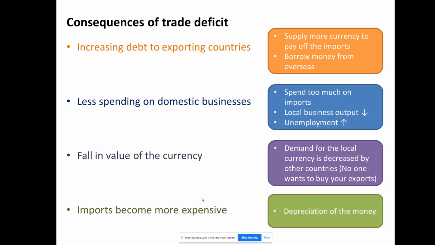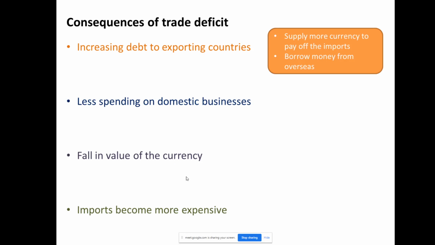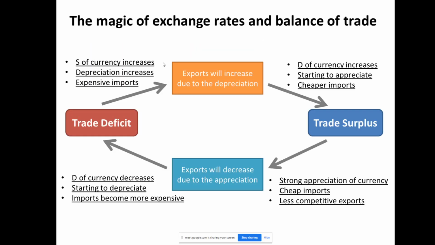So for the last two points here, you can just go back to the cycle to help yourself understand the concept, because when M is higher than X, we can expect we need more foreign currency for the imports.